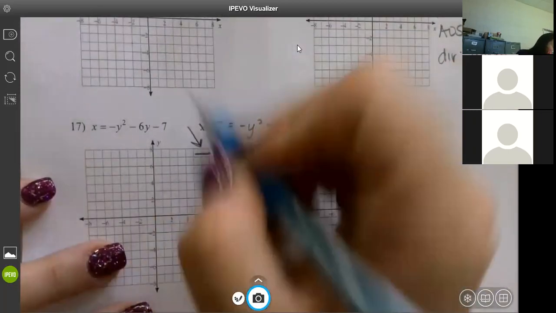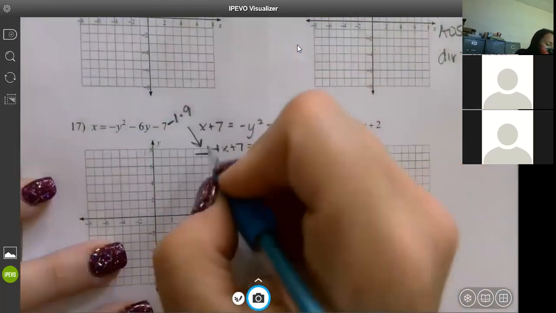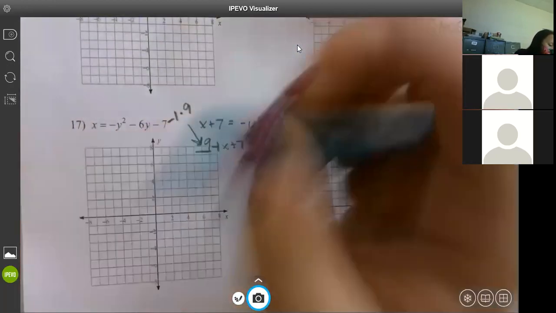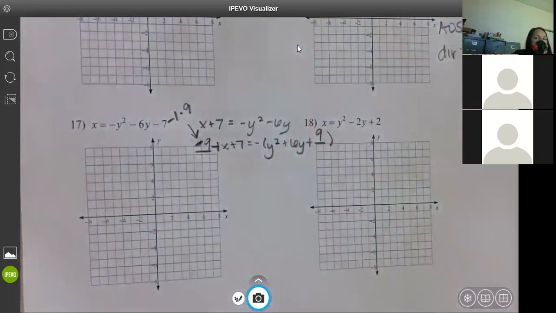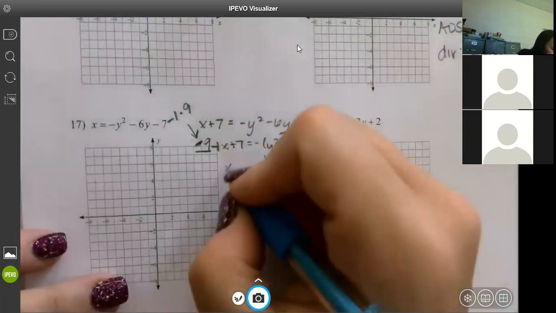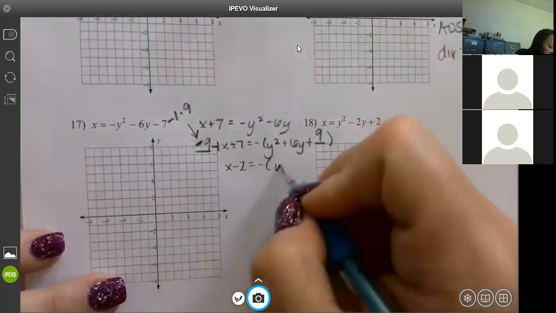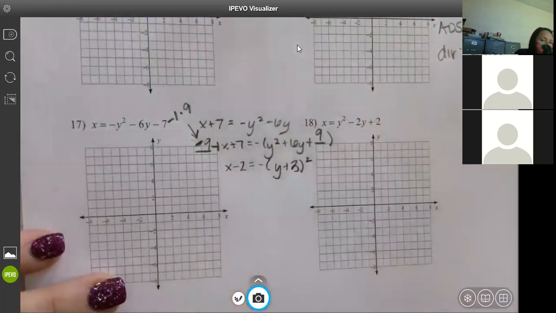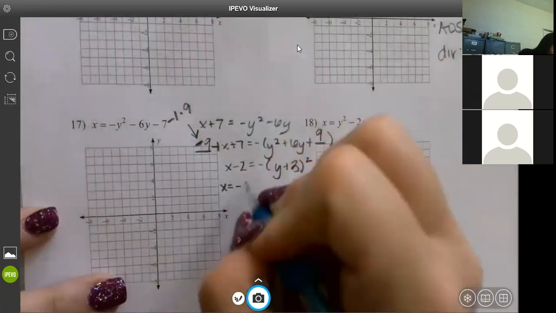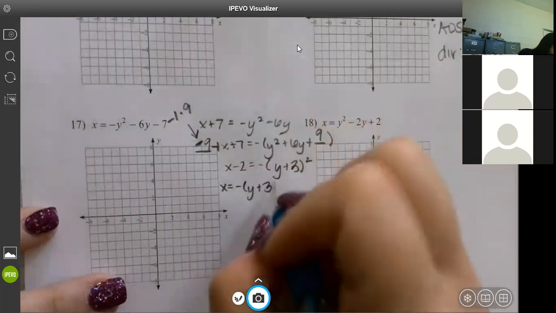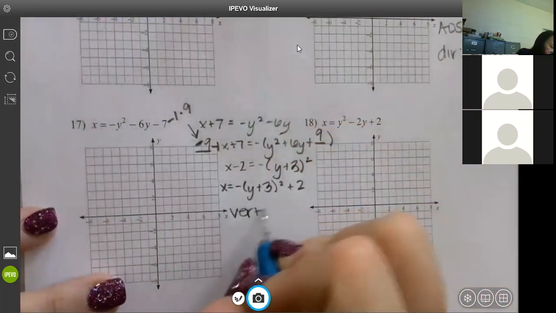But in this blank, remember you have to do what you took out, which was a -1, times what you put in, which is 9. So a -9 in this blank, you can see my negative, sorry. -9 plus 7 is -2. We're going to rewrite, there's a negative in front. Y plus 3 squared. And then your last step is to move the 2. -y plus 3 squared. Add the 2.